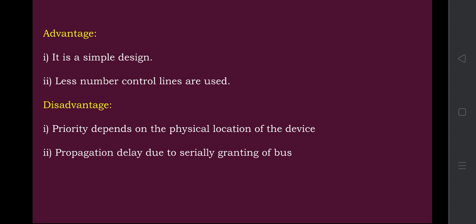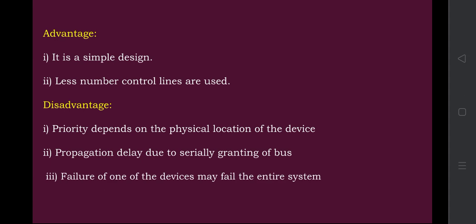So there will be propagation delay due to the serial granting of buses, because it first checks whether the request is for arbiter 1. If it is needed, it will process it, make its bus busy and others disabled, otherwise it will pass the control to the next consecutive device. So the nth device will get the control only after the n minus 1 arbiters say they don't want the buses.